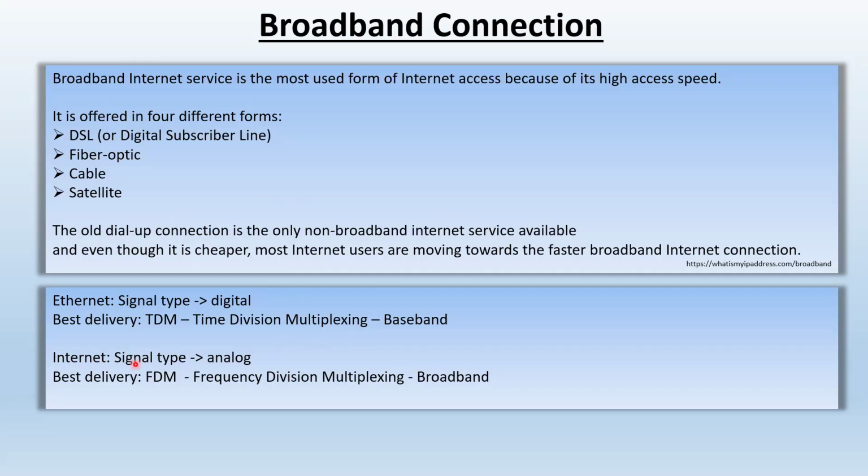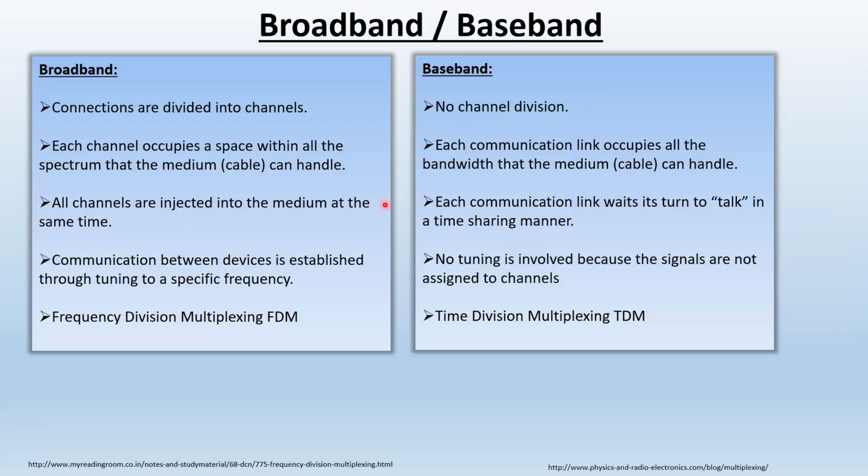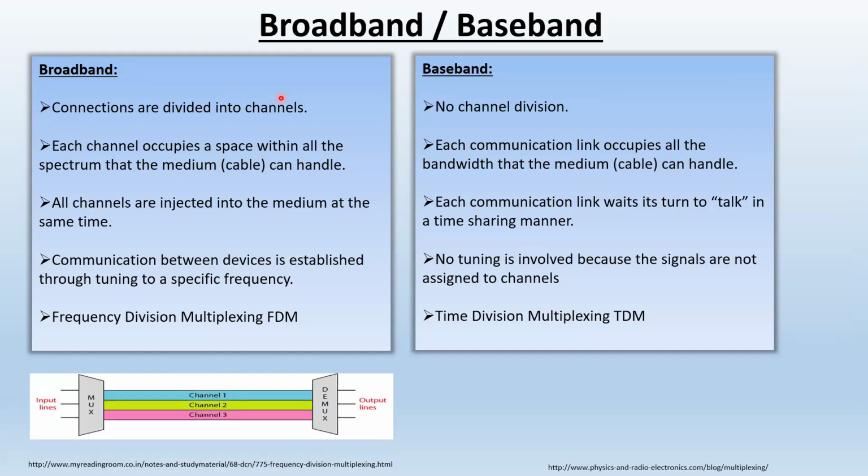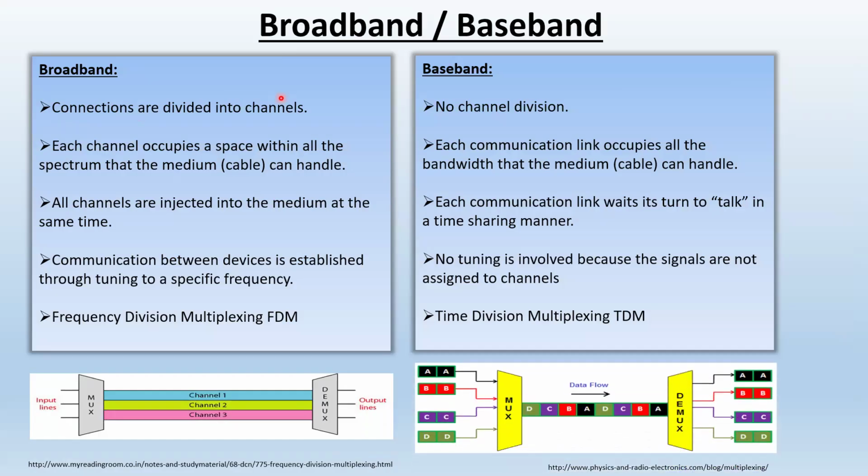Now, the internet signal type that goes from outside to your modem is in the form of broadband, which is not time division multiplexing, it's frequency division multiplexing. Let's expand on that. Broadband. And here would be the baseband. All right.